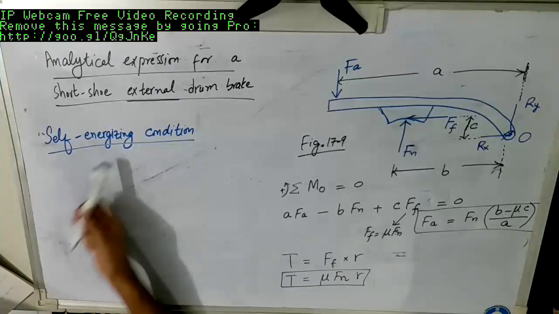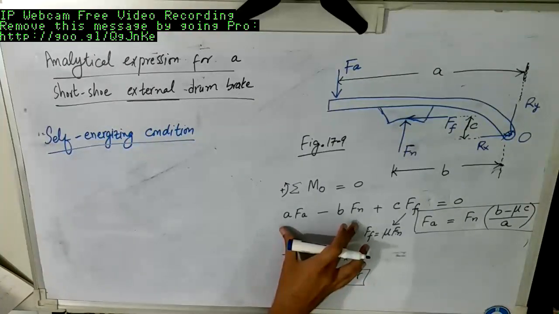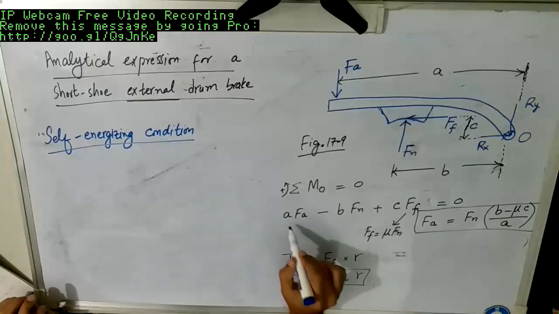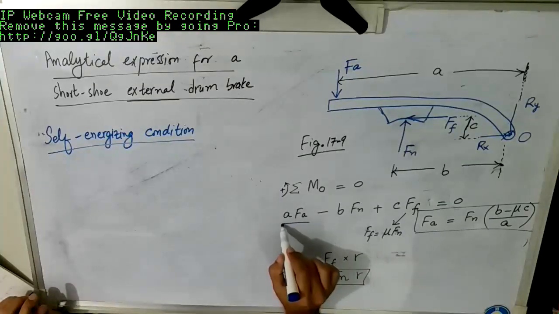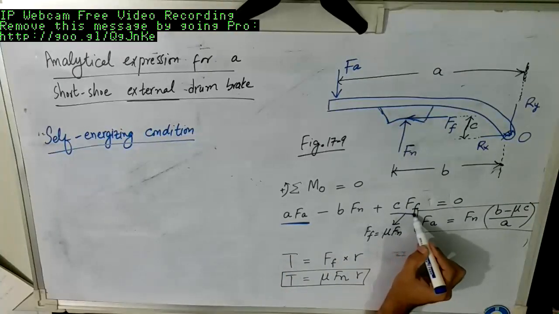So what is self-energizing? Self-energizing condition is what we just studied. In this case, if you concentrate, you will see that we have the applied torque here, A times Fa, and we have the frictional torque here, which is C times Ff.